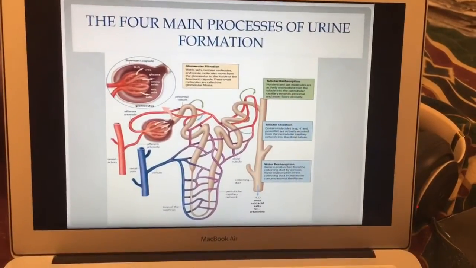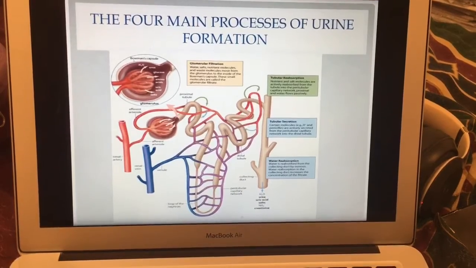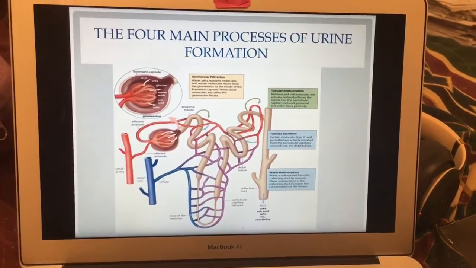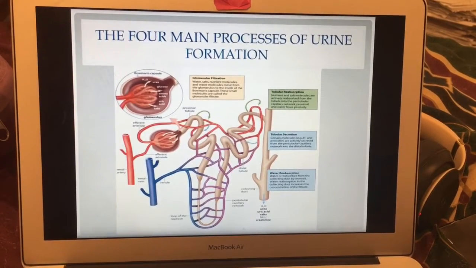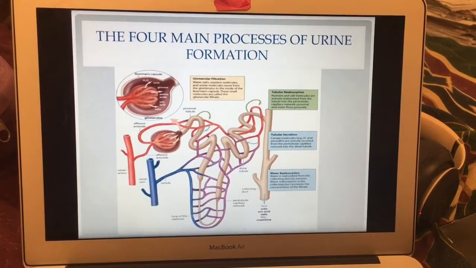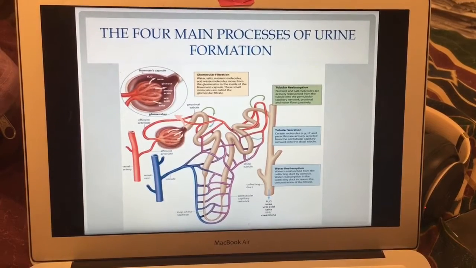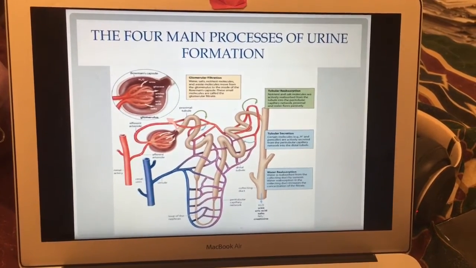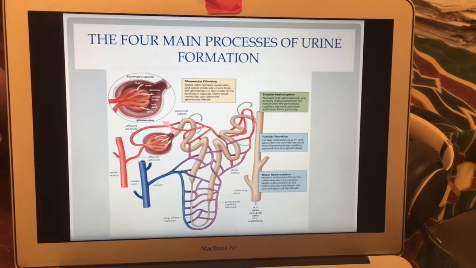There are 4 main processes involved in urine formation. The first one is glomerular filtration. Water, salts, and other filtrate are transported from the glomerulus to the inside of the glomerular capsule. Second is tubular reabsorption.